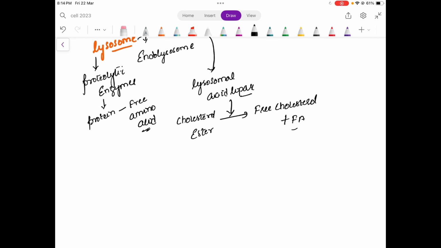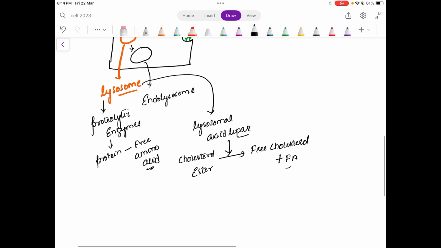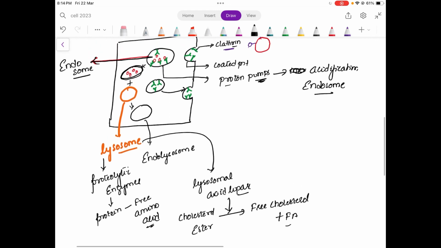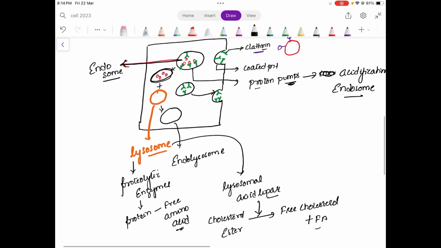So this lysosomal acid lipase will act on the cholesterol ester which is present in the LDL molecule, and they will free the cholesterol and fatty acid. Sometimes the clathrin receptors are not recycled back.